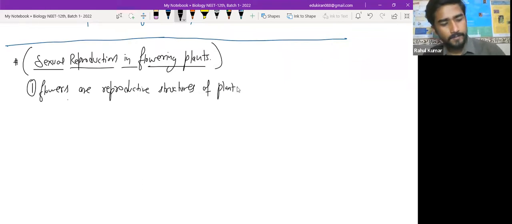Now, flowers are a very amazing evolution that plants did. If you see basically what flowers are, they are modified what?